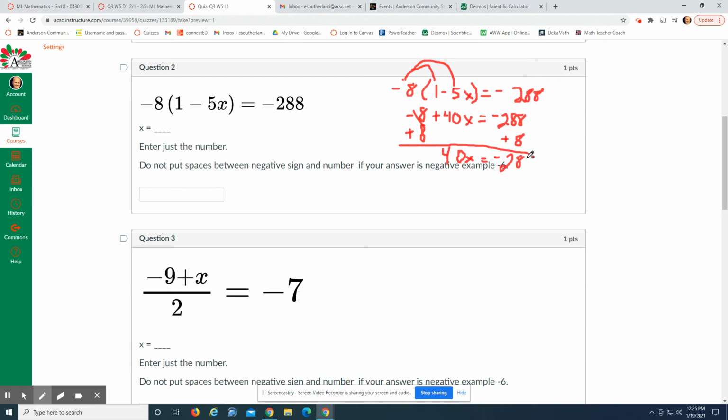Just like the problem before, the last step is going to be to divide both sides by 40. I know that these will cancel. X is equal to a negative divided by a positive, which is negative. Again, you can use the calculator. 280 divided by 40 is 7. Negative 7. So make sure you type in negative 7.